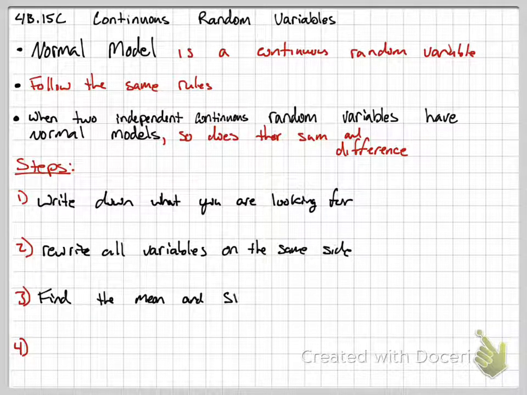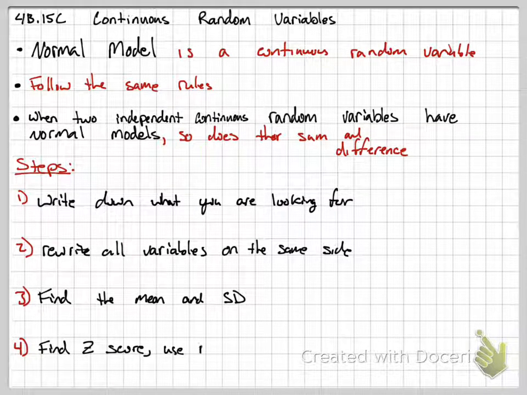And lastly, going back to part 1 here, we need to find our z-score. That beautiful thing, that z-score. And then what do we use to find our percentages after we have the z-scores? We're going to use our calculator function, our NCDF.